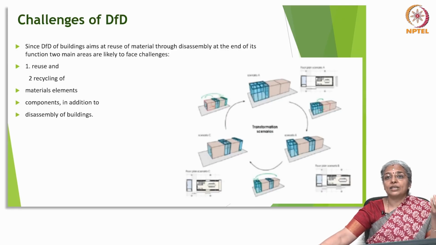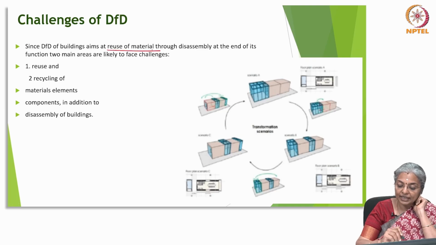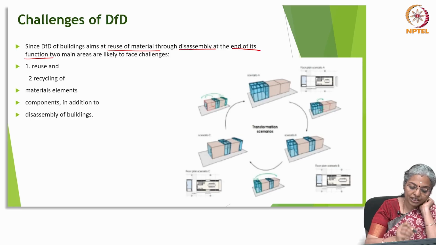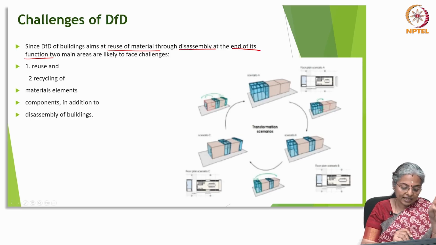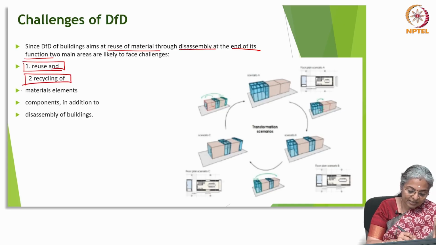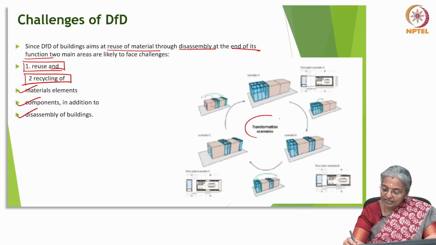Now, design for disassembly of buildings aims to reuse the material by disassembling it at the end of its function, and the two areas where you will have challenges are reuse and recycling of its materials and components, along with disassembly of buildings.